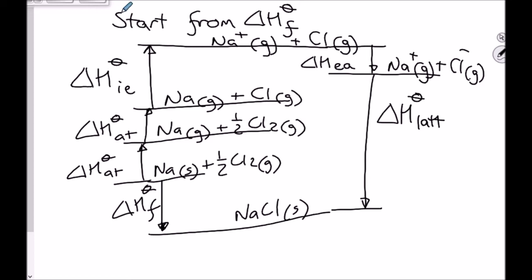And there you go, the last label goes in, delta H lat for lattice energy. And there you can see the full Born-Haber cycle. It's a special case of the Hess cycle. Now we can write out the full equation for our Hess cycle.